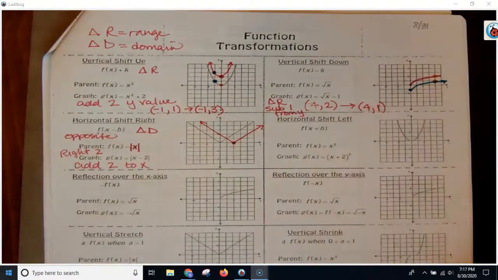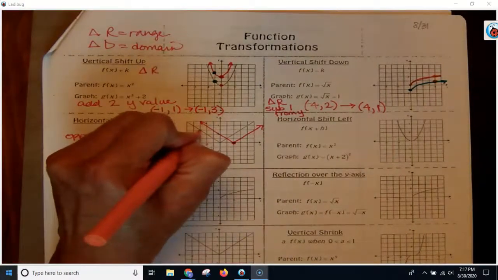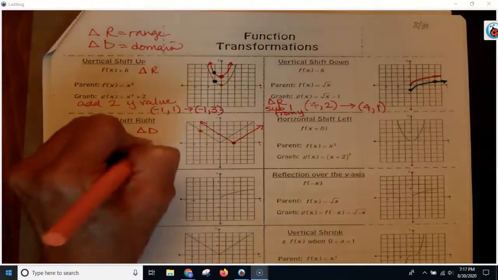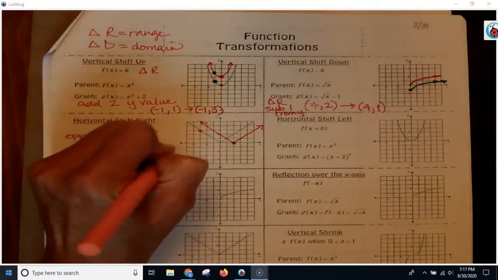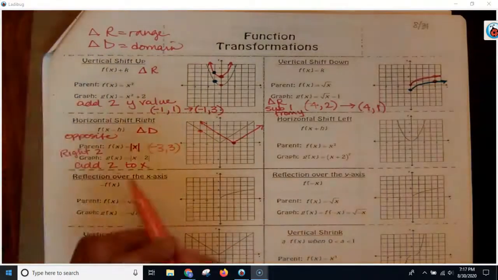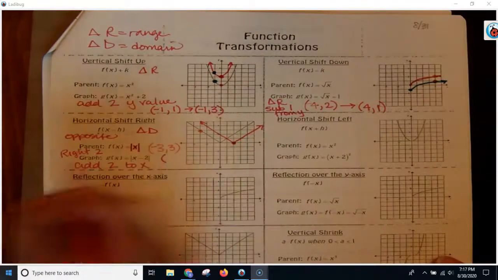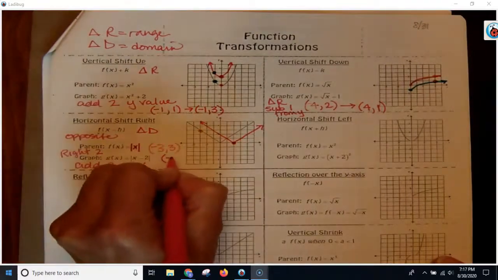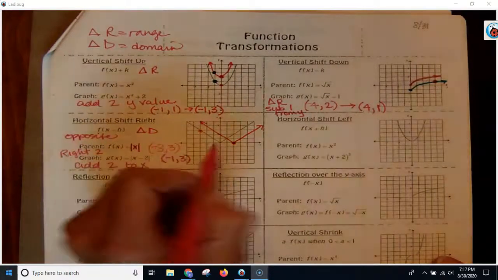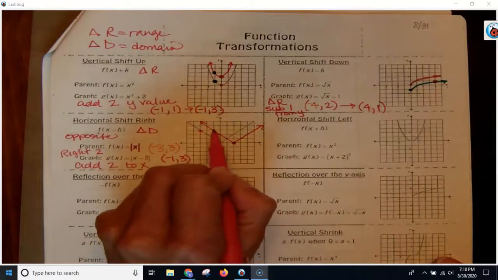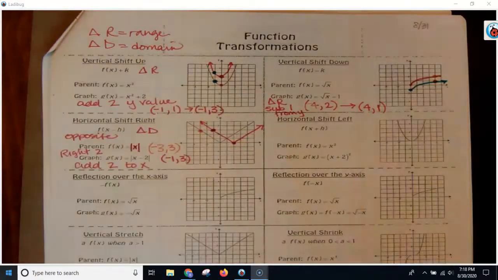If our original point was, say, this point right here, that is negative 3, 3. Our prediction is if we add 2 to the x, then our new point would be negative 3 plus 2, which is negative 1, 3. Are we correct? We go to negative 1, 3, and sure enough, there it is. Hopefully this is starting to make sense.